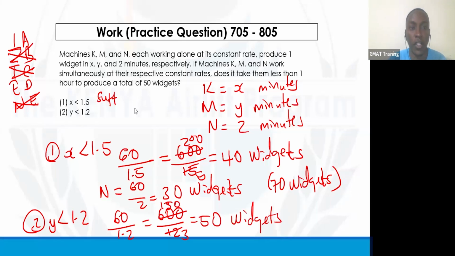So without even including machine N, we've already produced more than 50 widgets, just looking at machine M. If we include machine N, then we also have another 30 widgets.